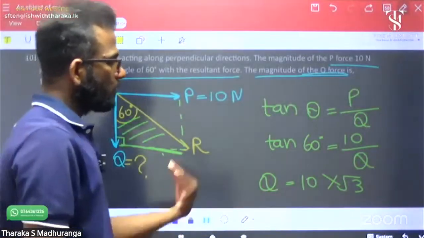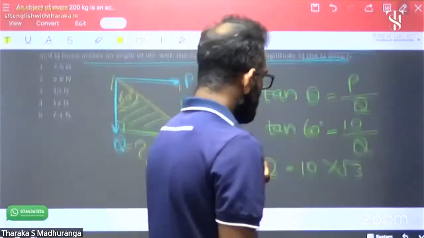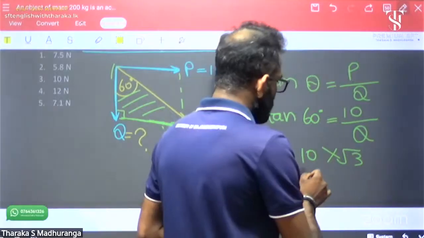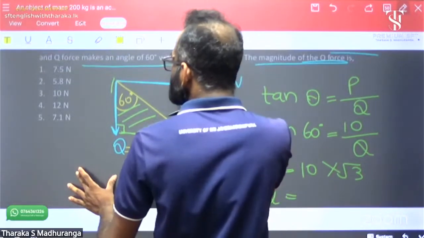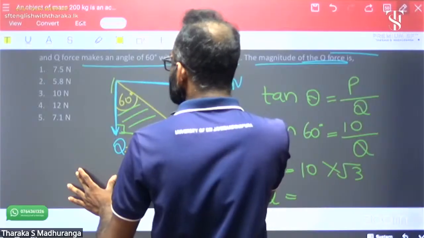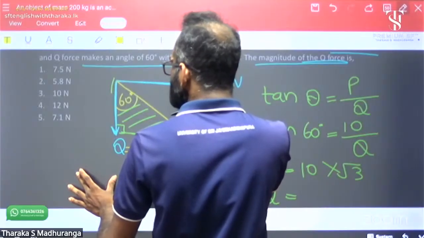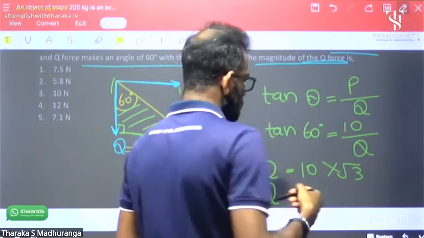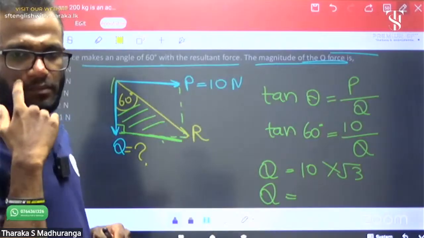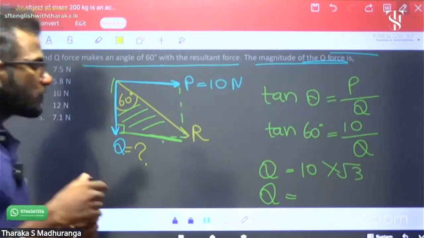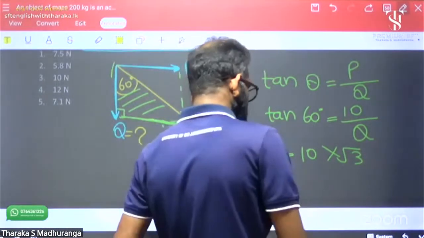No root answers, then I have to multiply. Q equals 10 into root 3. Sorry, mistake.